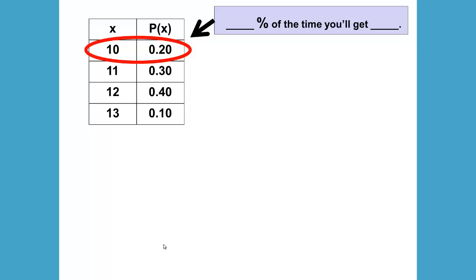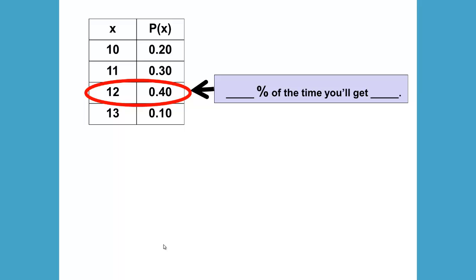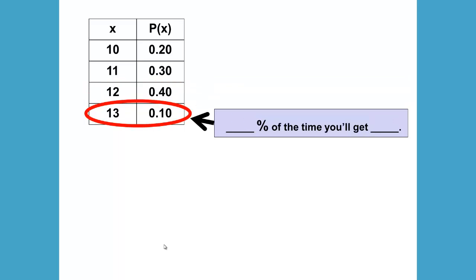So as we look at that first one, what that is telling us is that 20% of the time we will get a 10. The next row tells us that 30% of the time you'll get an 11. 40% of the time you'll get a 12. And only 10% of the time you'll get a 13.